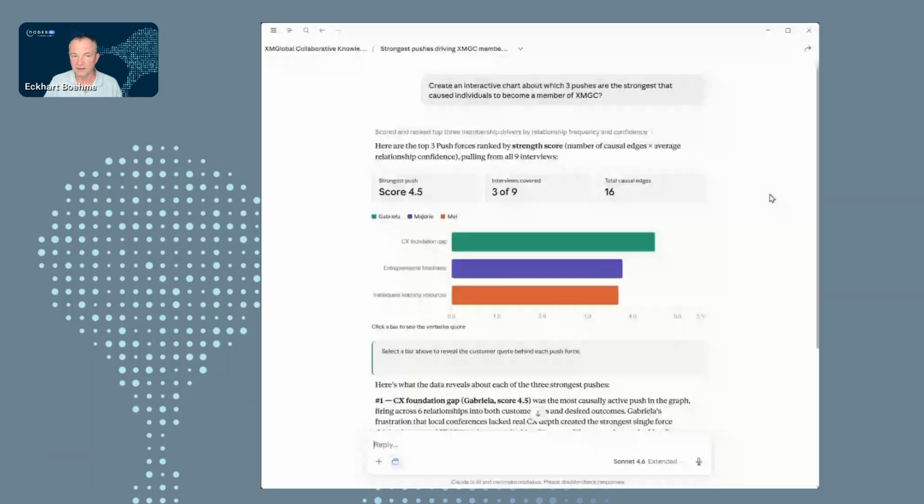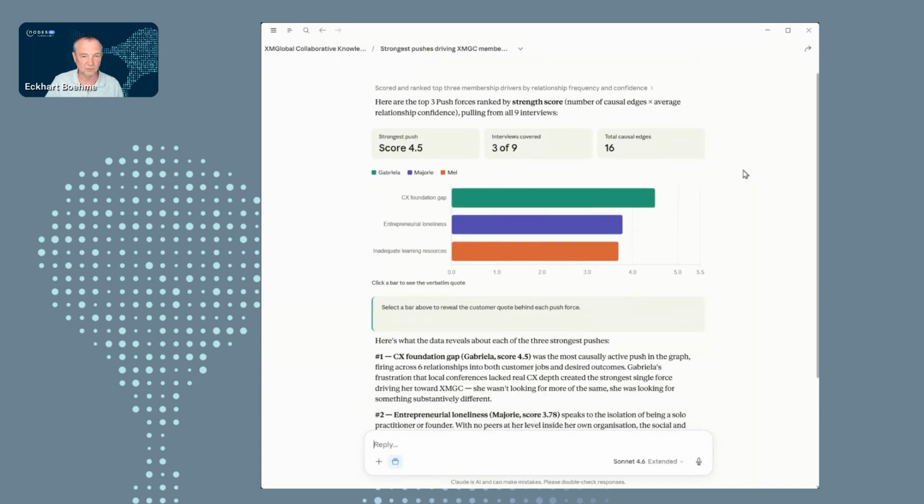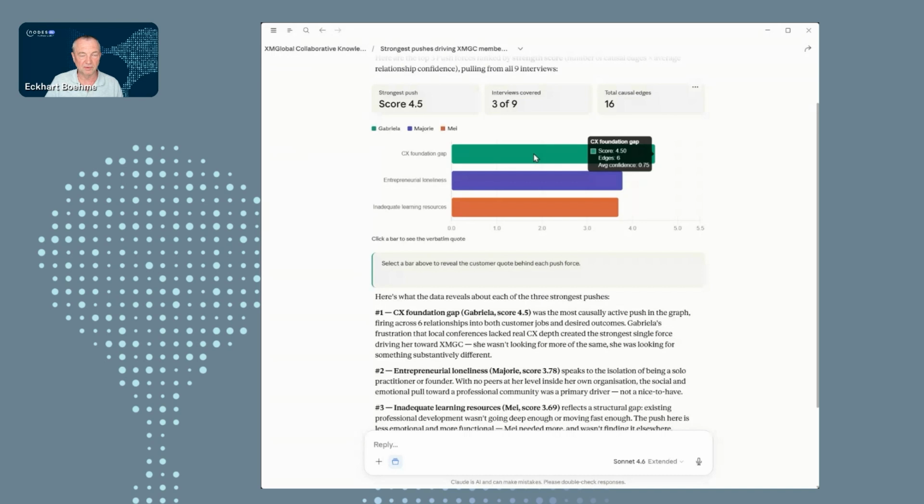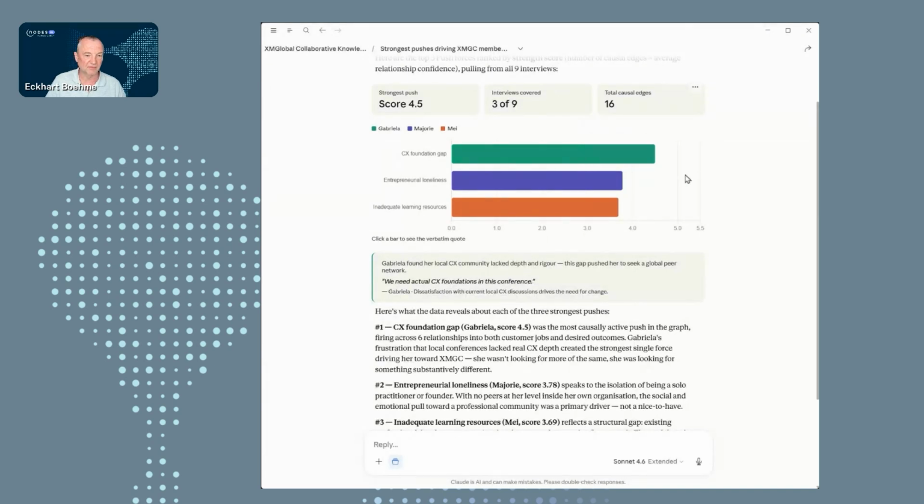All right, let's go back to our Claude application and see what came out of the query. And we can see this is what got created. So what pushes are people pushing to become members? We can even click on that chart and you can see the evidence coming up here.